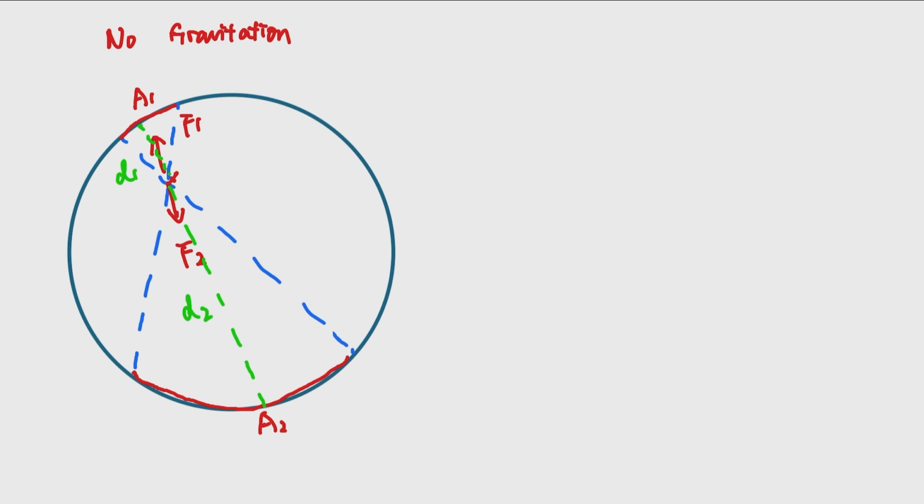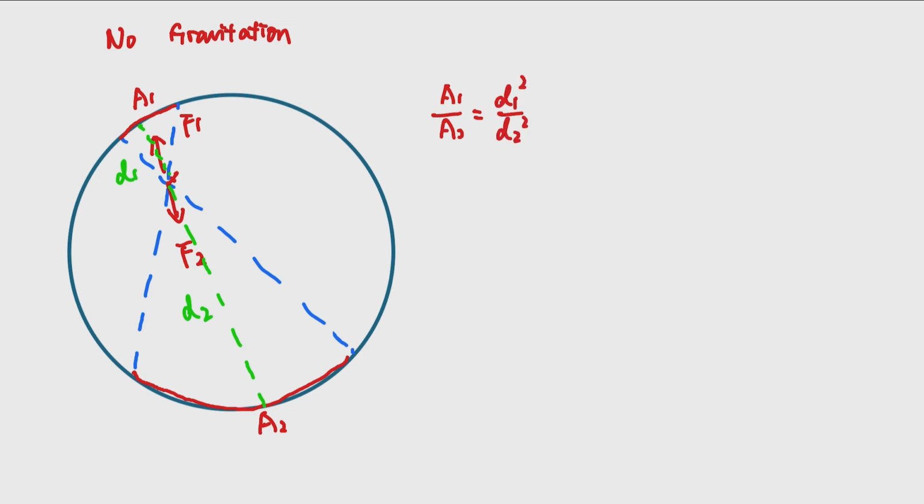However, A1 and A2 are two surfaces, which will be the square of the length. So we know that A1 will be proportional to the square of D1, and A2 will be proportional to the square of D2. Therefore, we can write down A1 over A2 equals D1 squared over D2 squared.